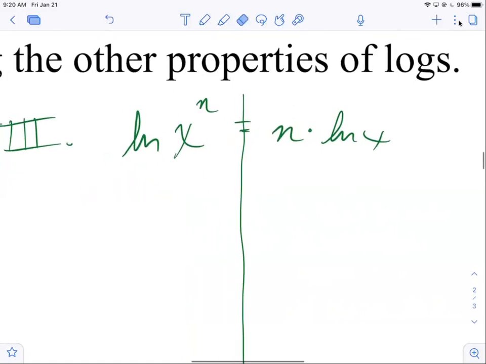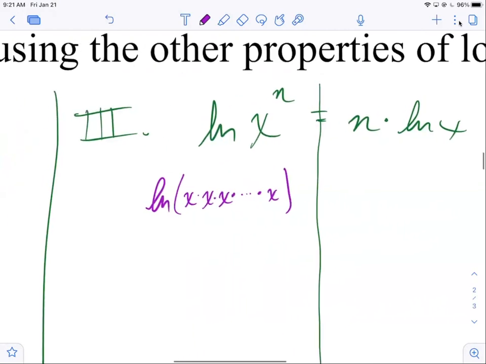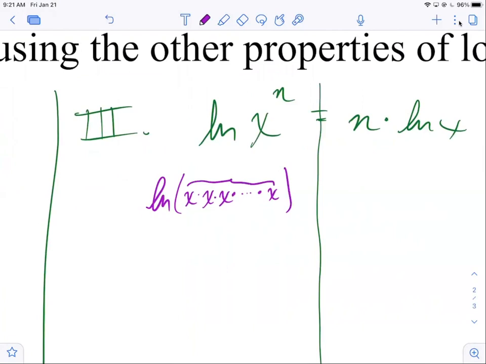So here's what I'm going to do. On the left-hand side, I'm going to write x to the nth power as x times x times x times dot dot dot times x. And how many of those do I have? N. What would be the reason?